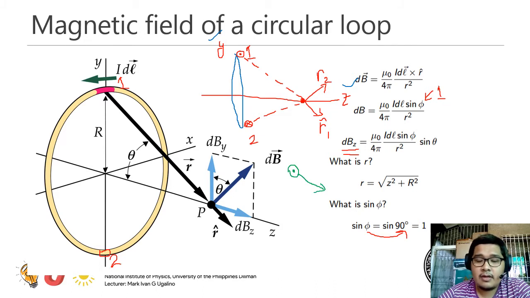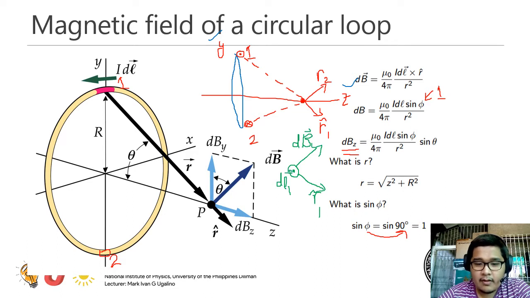This tells us that your magnetic field via right hand rule is pointing in this direction. So this is your R hat 1, this is your DL1, and this is your dB1 direction.